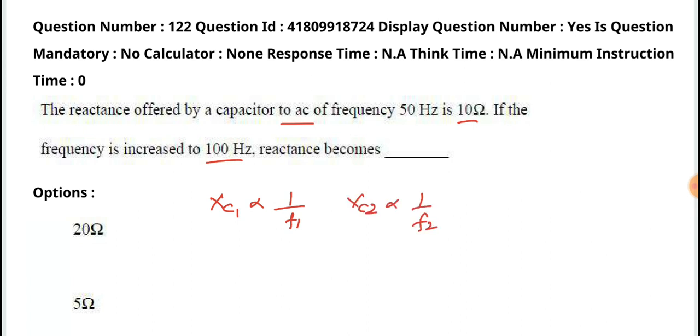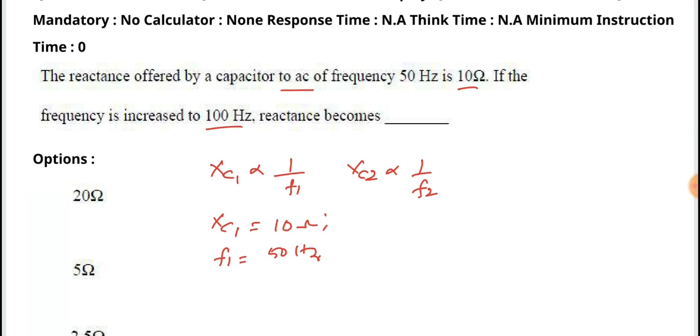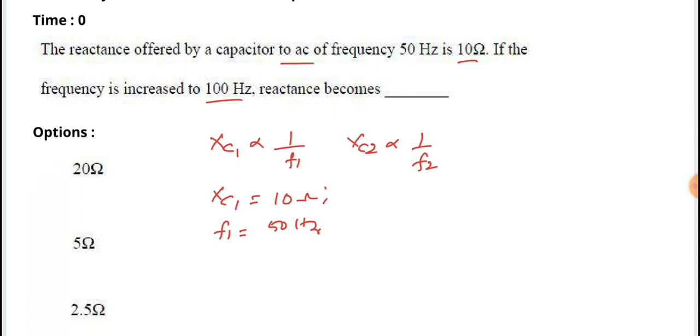This is a basic formula here. What is given? What they have given here is XC1 value as 10 ohms and F1 value is 50 hertz. Similarly F2 value they have given as 100 hertz.